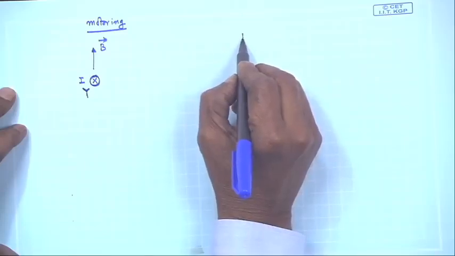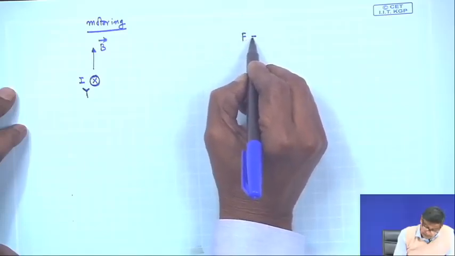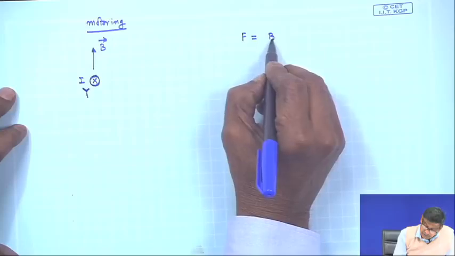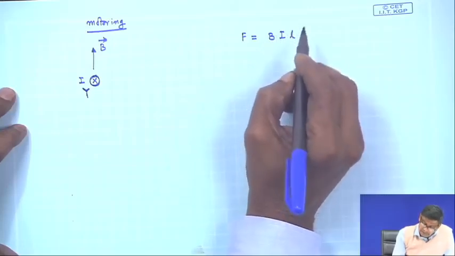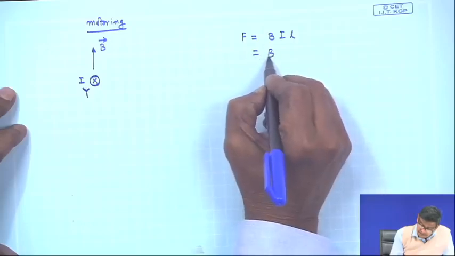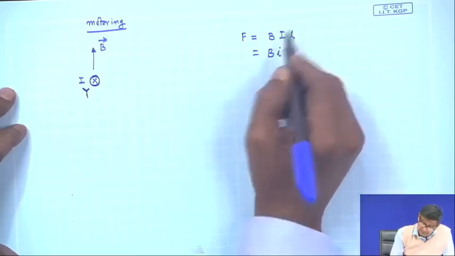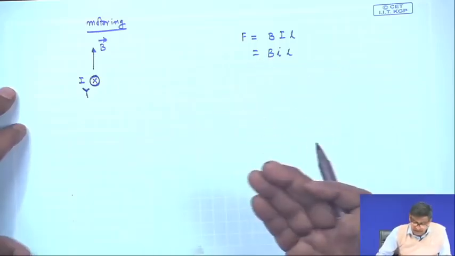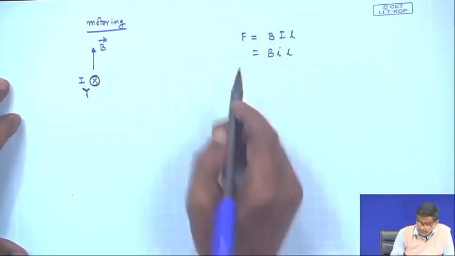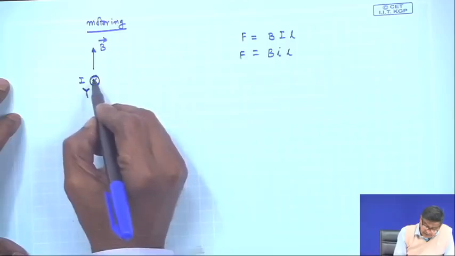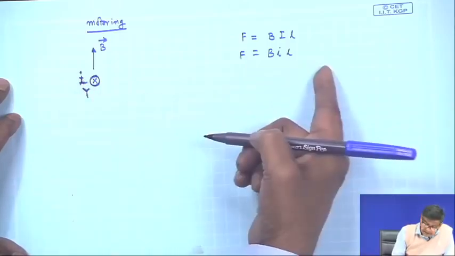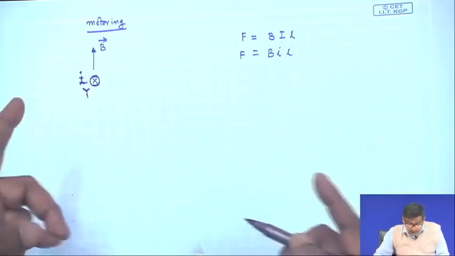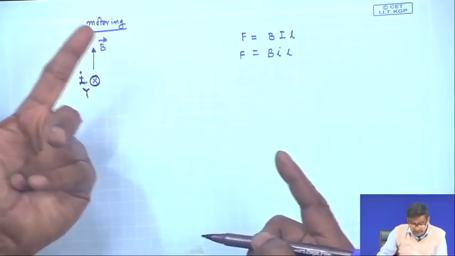Now, if this is the thing, then the force experienced by the conductor will be the magnitude of B, the magnitude of i and the magnitude of L. Let us write a small letter i, because we will soon see this i has to become a function of time. Suppose at any instant this current is i. So, B i L is the force. In which direction will the conductor start moving?